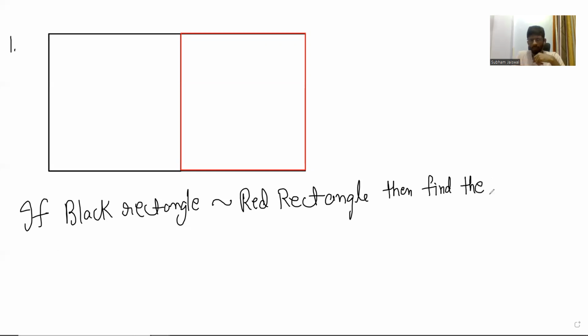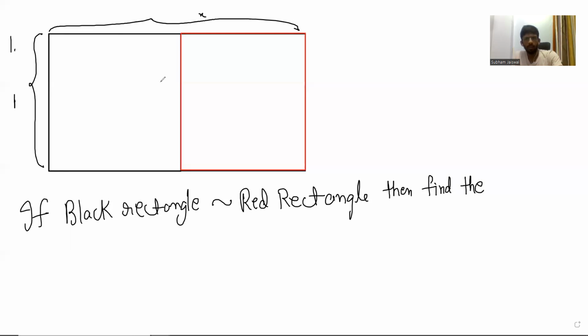Let's say that this side is 1, and find this x. Yeah, maybe better to just label this.